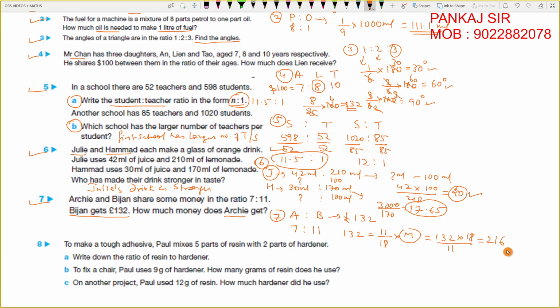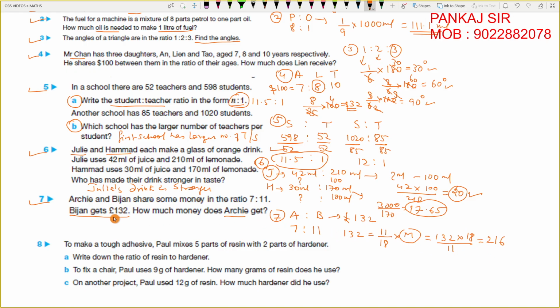Let me check it. 132 times 18 divided by 11. Yes, it is 216. So this is the total money.